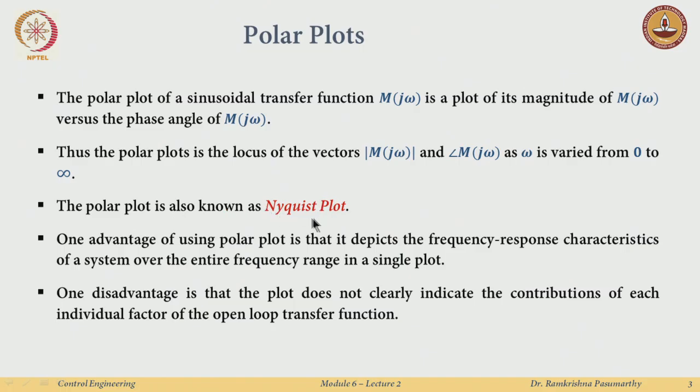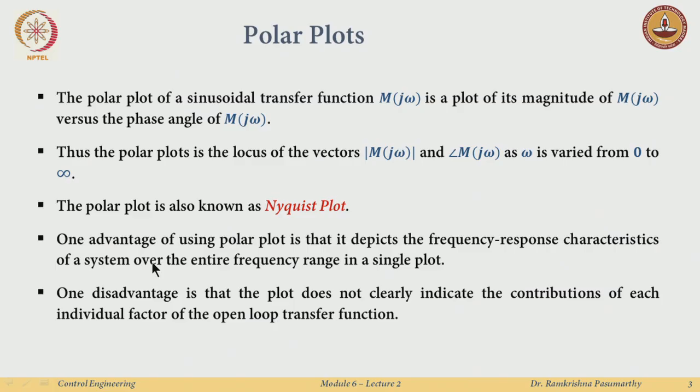The only thing we have to be careful about in the Nyquist plot, as we will see shortly, is that we also deal with negative frequencies, and I'll tell you why that is important. Okay, so why do we need this polar plot? The advantage is that it depicts very nicely the frequency response characteristic over the entire frequency range in one single plot.